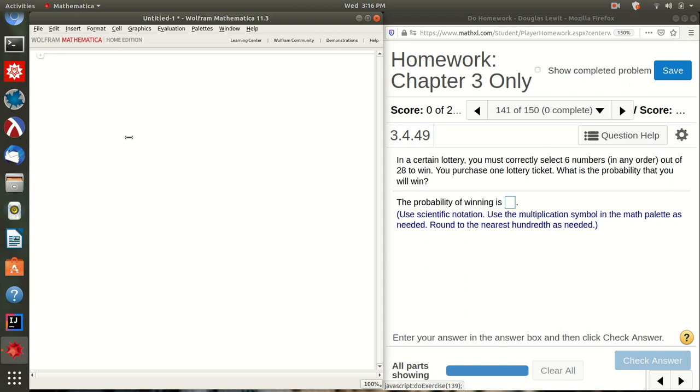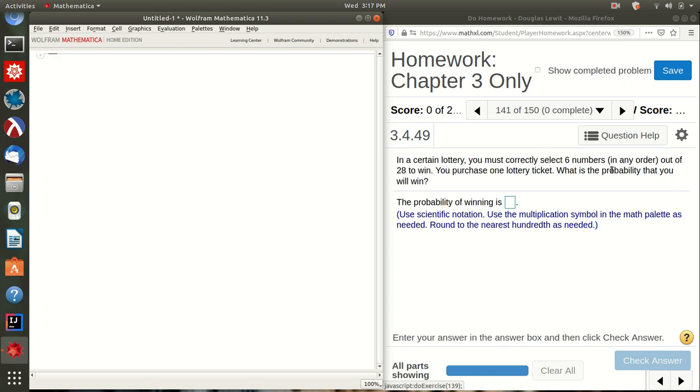In a certain lottery, you must correctly select 6 numbers in any order out of 28 to win. You purchase 1 lottery ticket. What is the probability that you will win? So to do this, first of all, is this a combination or is this a permutation?